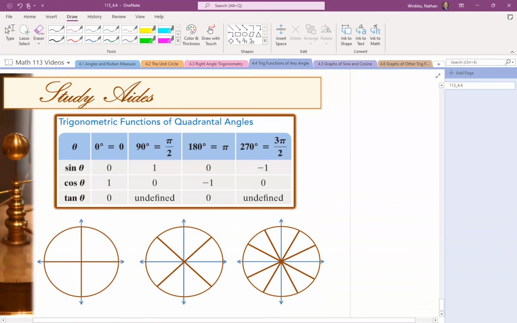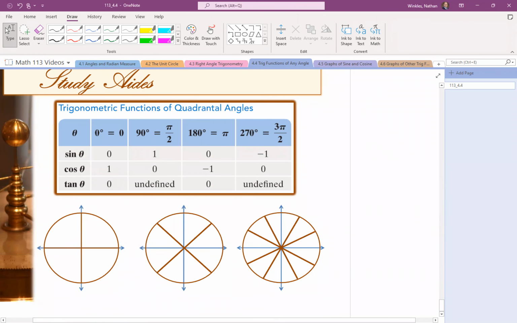We can also use the values at our poles. So we've got 0, 90, 180, 270, and 360, which is the same thing as 0, pi over 2, pi, 3 pi over 2, and 2 pi.